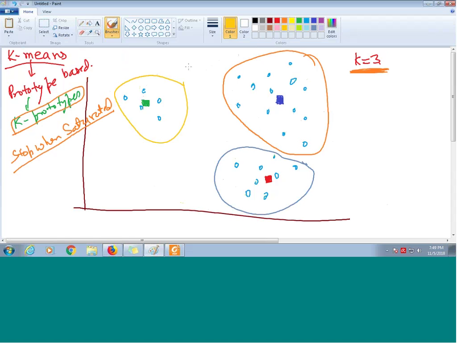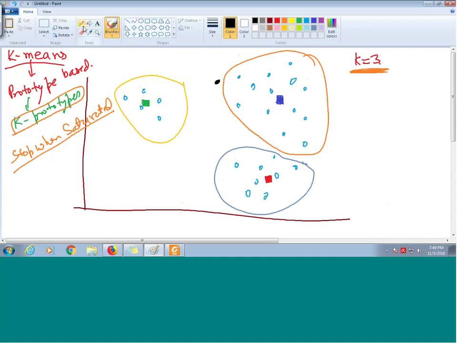Now a very, very important question is: what would you do with this kind of clustering? It may be possible that at some later point of time a point came, this was a point, and I want to find out what is the classification of this item.